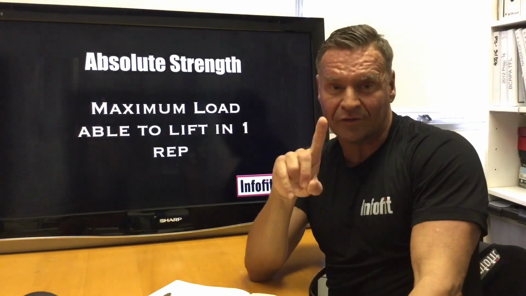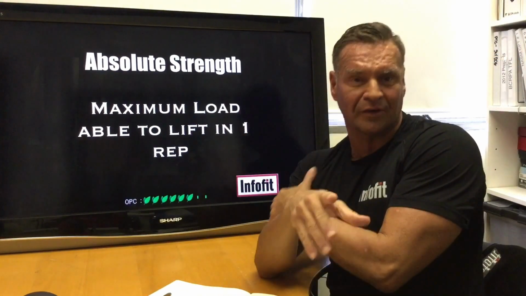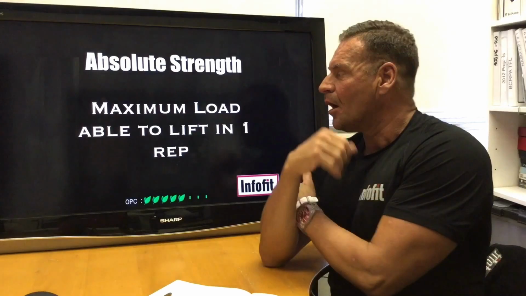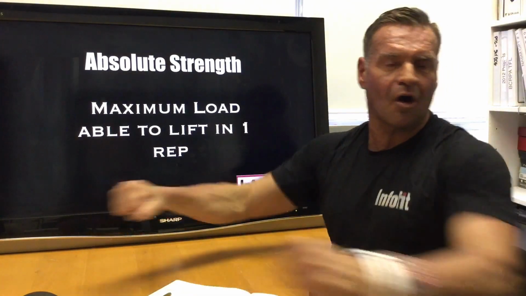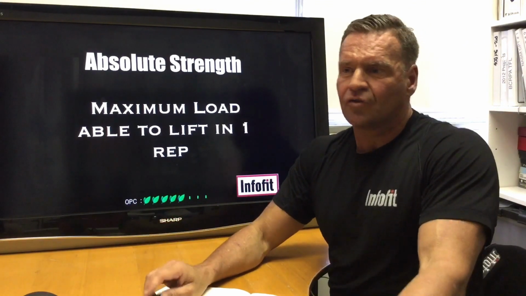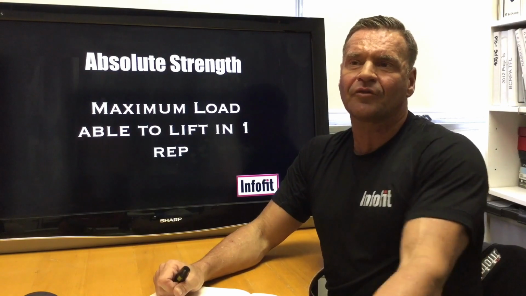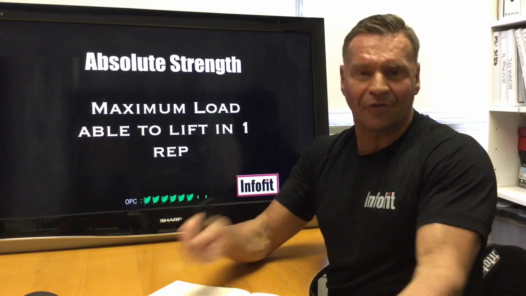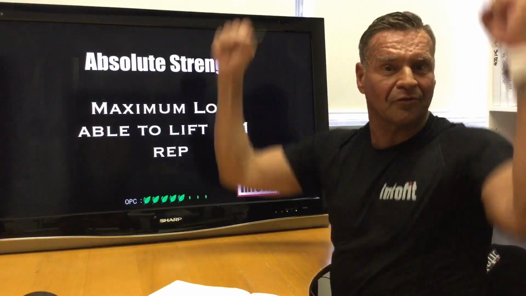If I can do this once, that 50-pound dumbbell would be my absolute strength on that particular exercise. It could be 150 pounds on your bench press. It could be 250 pounds on your leg press. As you get stronger, that will grow, and eventually I can do 60 pounds, right?